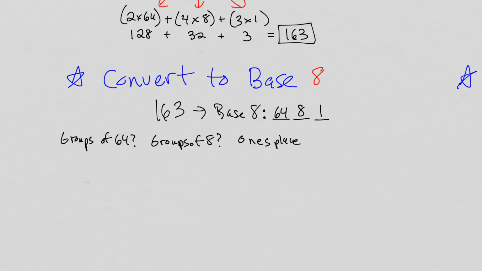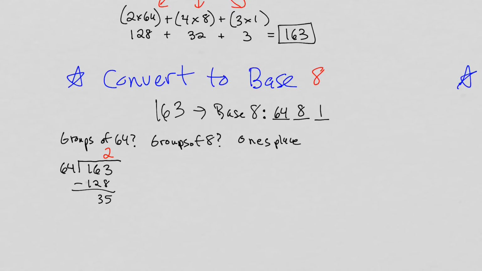Okay, so in finding out how many groups of 64, that's division. We're going to take 64 and see how many groups there are in 163. If you use your calculator, we're going to see that it goes in twice. And when you multiply this, it's going to be 128. Now let's get the remainder, which is 35.